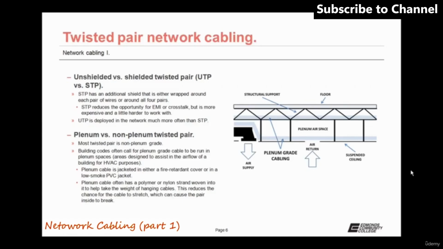And most often, the plenum is that space between the false ceiling and the actual ceiling. Plenum cable is jacketed in either a fire retardant cover or in a low smoke PVC jacket. Plenum cables often have a polymer or nylon strand woven into the cabling or into the jacket to help take the weight of hanging cables.